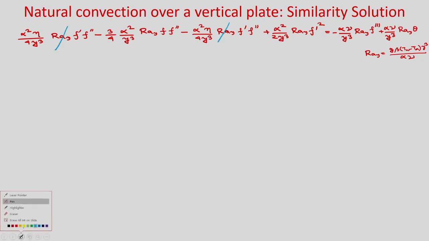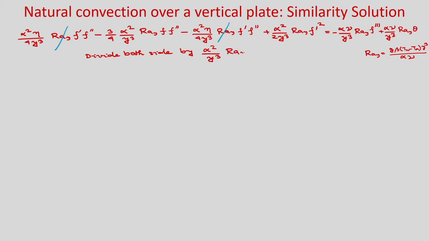Now, you can write this equation, divide both sides by alpha square by y cube Rayleigh number y. So, if you divide by this, then first term what you can write? So, you can see it will be minus 3 by 4 f double prime.